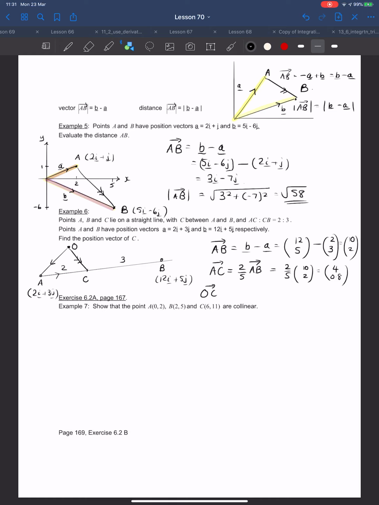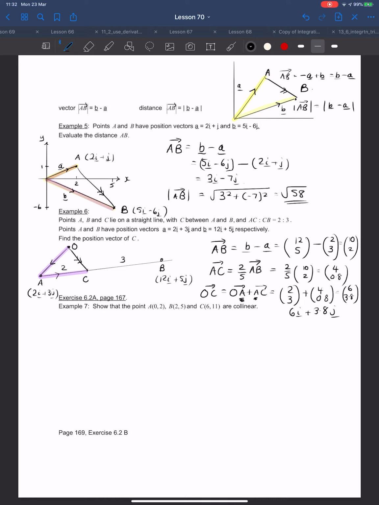So O to C is O to A plus A to C. If you look where one vector stops, the next one starts. So this is going to be 2, 3 plus 4, 0.8, which is 6, 3.8. And you can write that as 6i plus 3.8j. A bit squashed there, not a lot of room, but anyway.